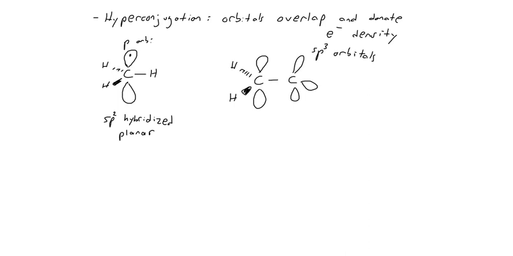P orbital. And if we draw our single electron here from the radical, and then in this case we could imagine this is just another methyl substituent, so we have a CH3 group here. And each of those bonds is going to have 2 electrons. We know that. But in some cases, these orbitals can kind of overlap.